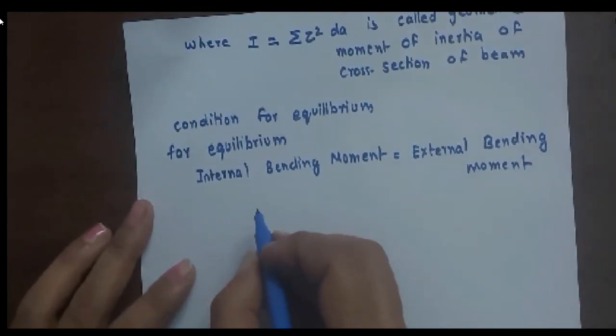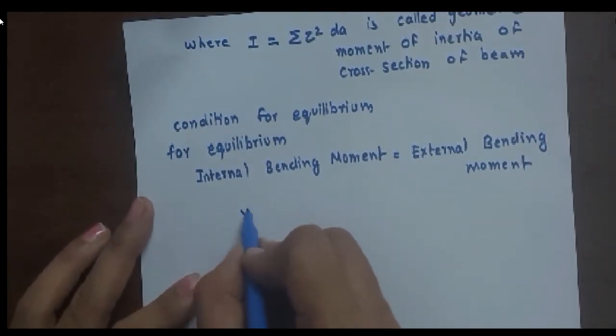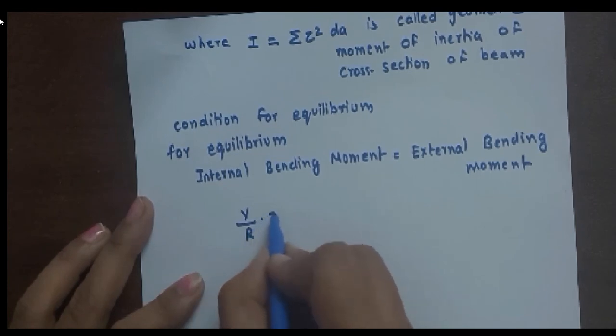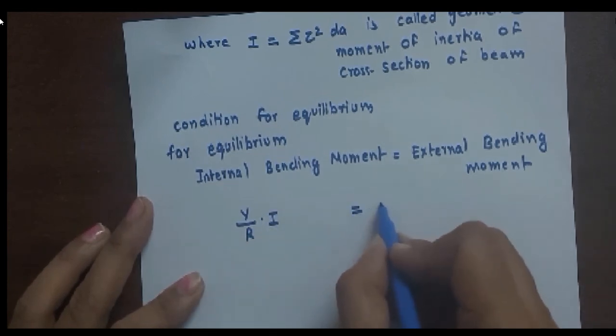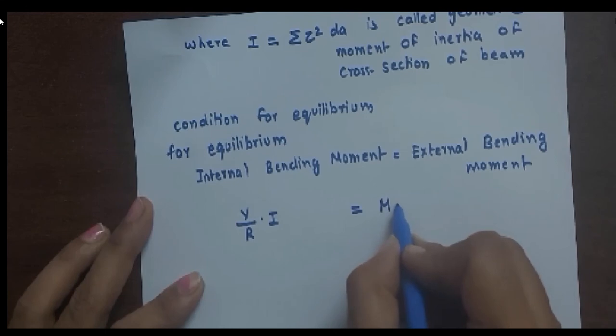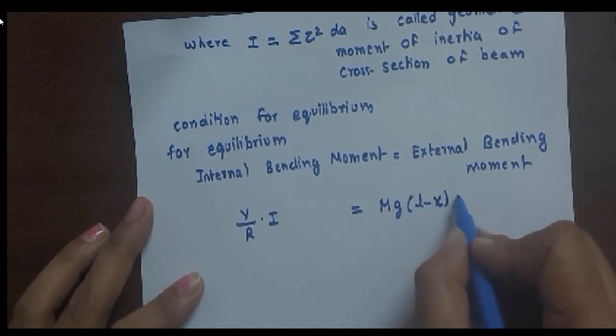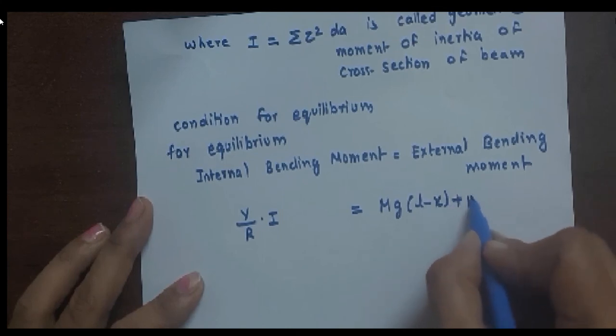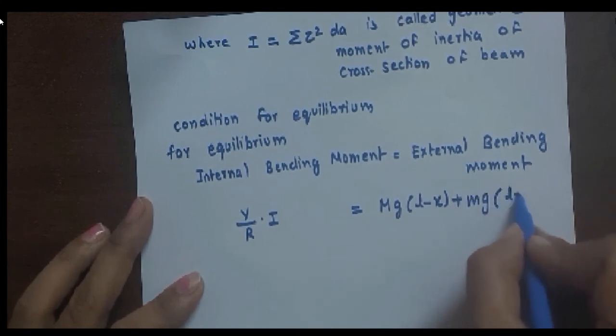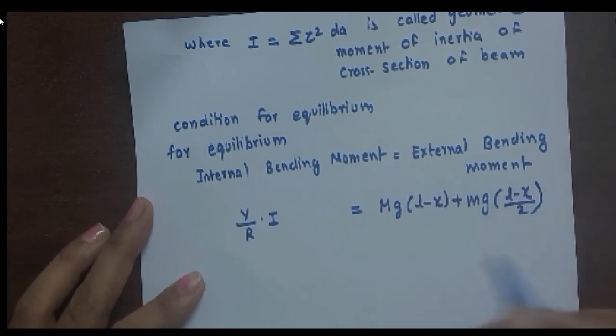Therefore, we will write, we already got, Y upon R into I is equal to capital M into g into L minus X plus mg into L minus X upon 2.